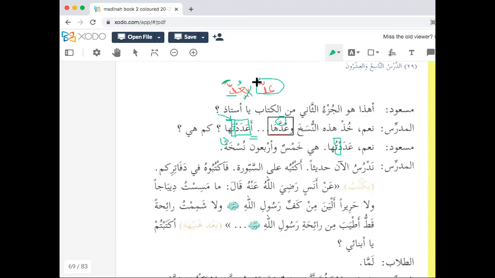There are 45 copies. 'Nuskha', as you notice, is singular, nakira, and mansoob, because the numbers between 11 and 99 take a tamyiz. Tamyiz being mufrad, nakira, mansoob.